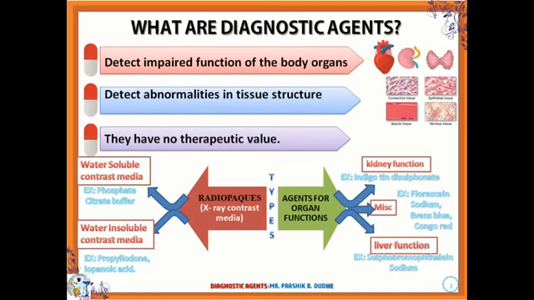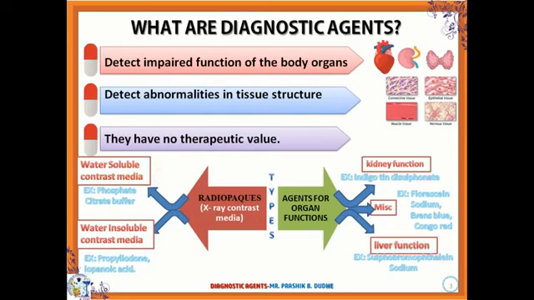These agents are divided into two types: radio opaque or X-ray contrast media, and agents for organ function test. The radio opaque substances are further divided according to their solubility in water.